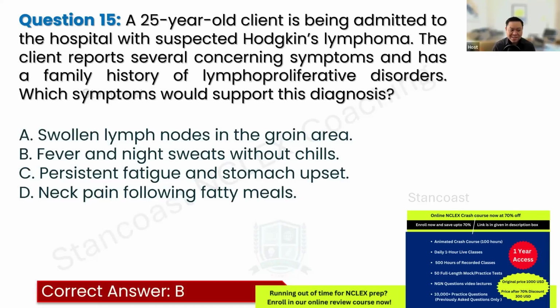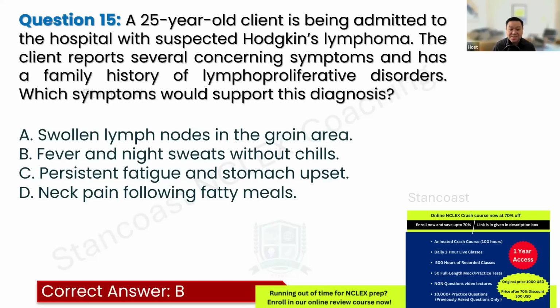The other options, like letter A, swollen lymph nodes in the groin area, it's incorrect because Hodgkin's lymphoma mainly affects the neck lymph nodes rather than the groin lymph nodes. Letter C is also incorrect because we know that fatigue may occur. But upset stomach is not commonly associated with Hodgkin's lymphoma.